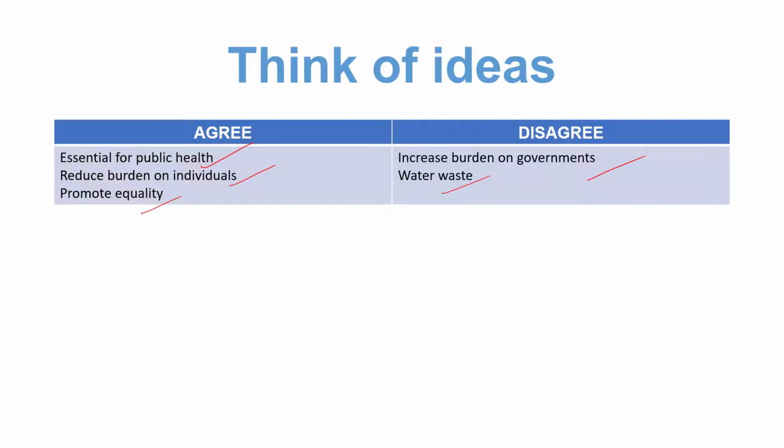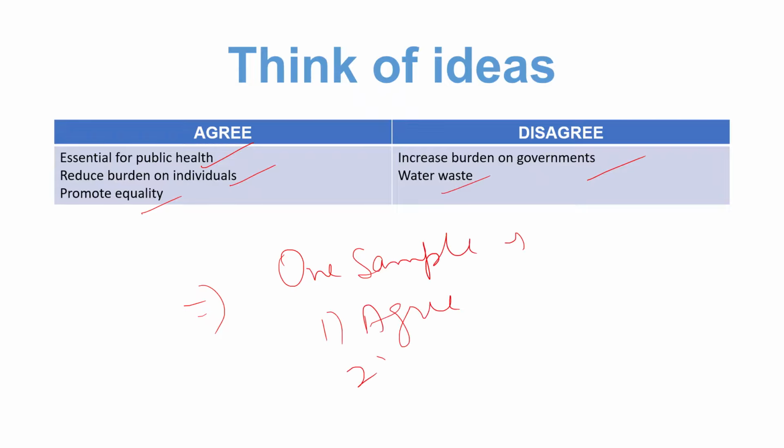In this video, we're gonna see one sample for agree, and one sample if we disagree with the statement, so that you can know that it doesn't matter whether you agree or disagree, you will get the band score you deserve depending on the 4 parameters. So let's begin.